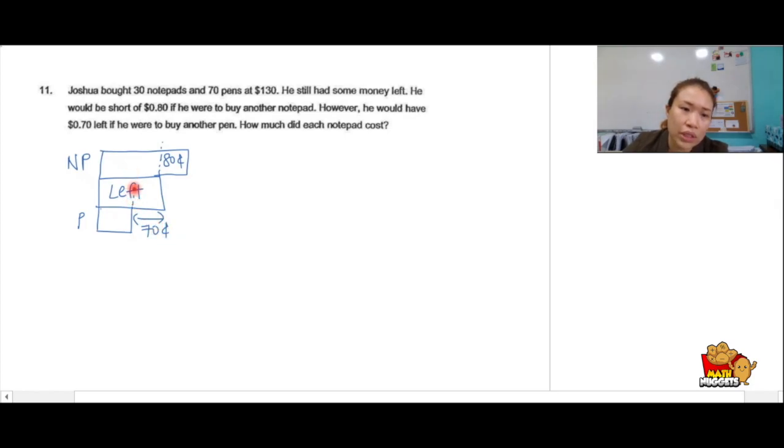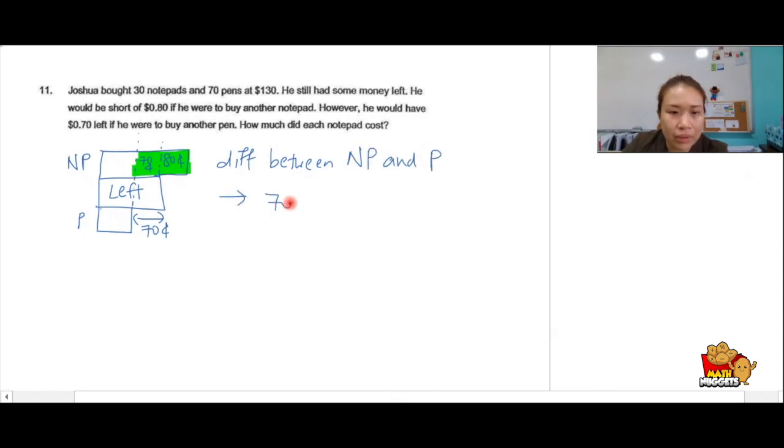So if I were to extend this, this tells us that the difference between a notepad and a pen is 70 cents plus 80 cents, which is $1.50.